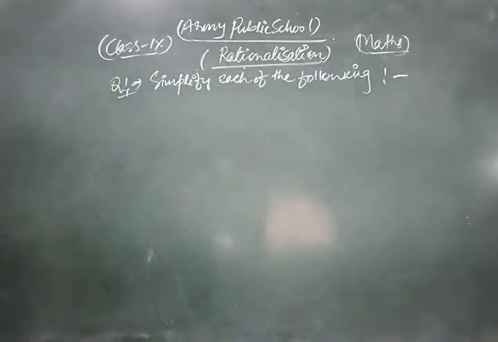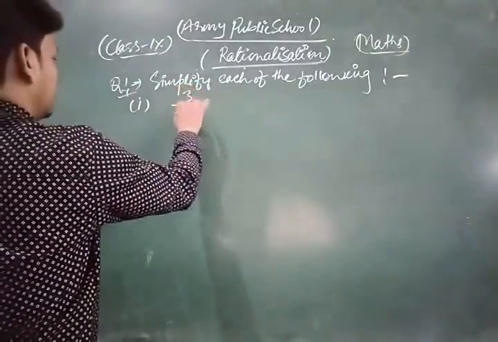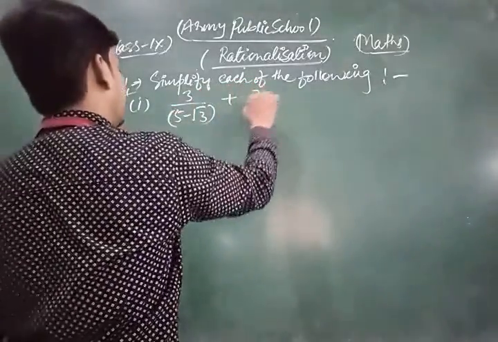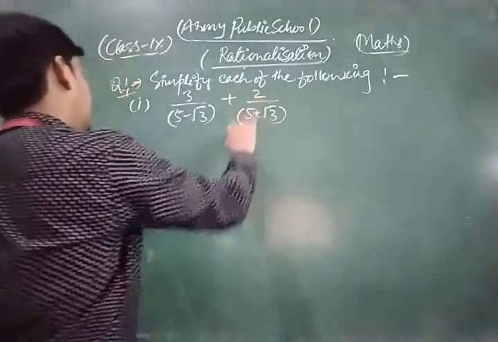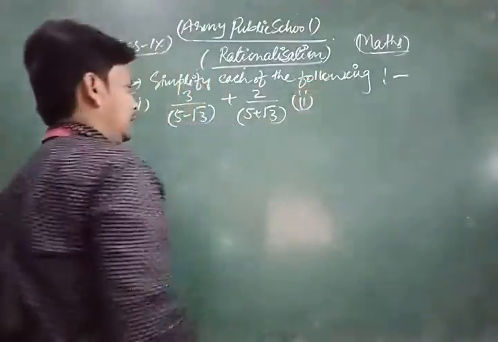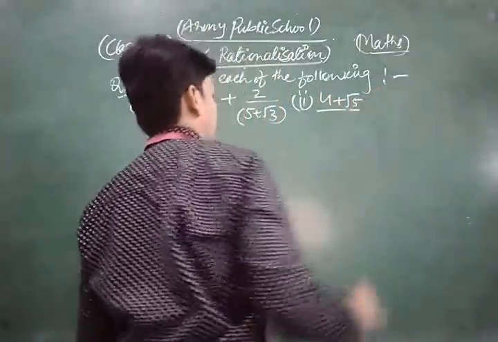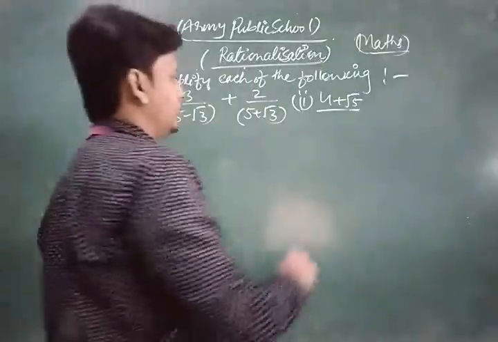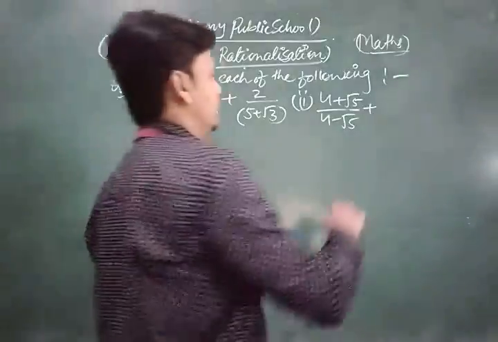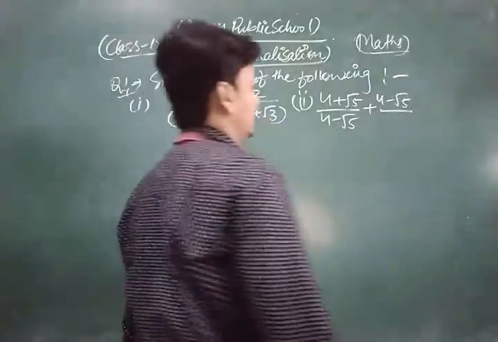The first part is 3 upon 5 minus root 3 plus 2 upon 5 plus root 3, and the second part is 4 plus root 5 upon 4 minus root 5 plus 4 minus root 5 upon 4 plus root 5.